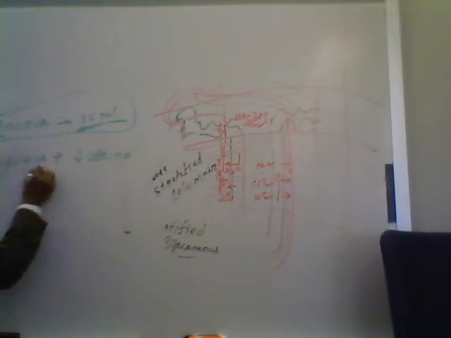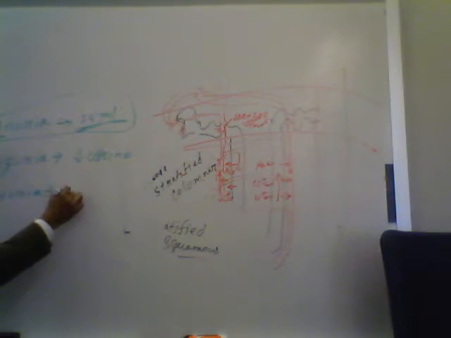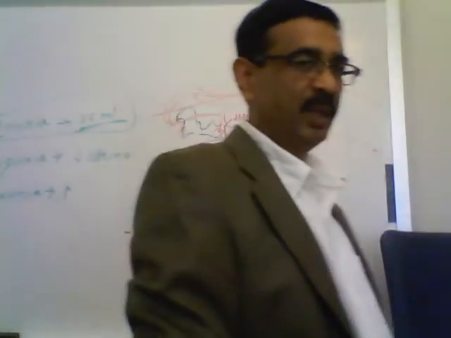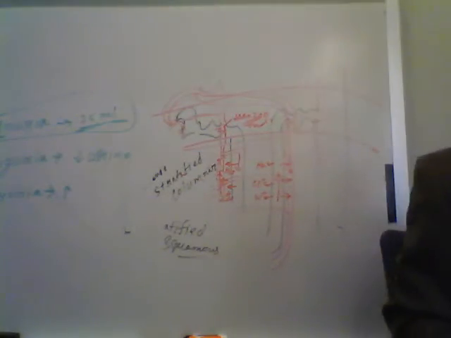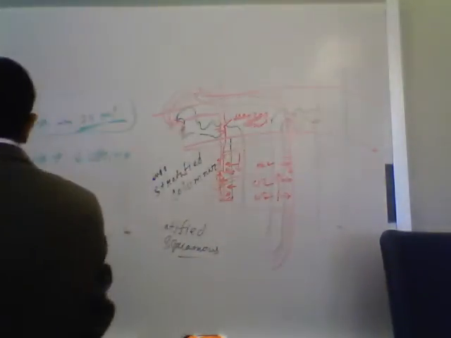Highly concentrated, decreased amount of urine. Polyuria. This is opposite, right? Poly means more. Polyuria is increased production of urine. So the volume of urine will be more than normal in polyuria.